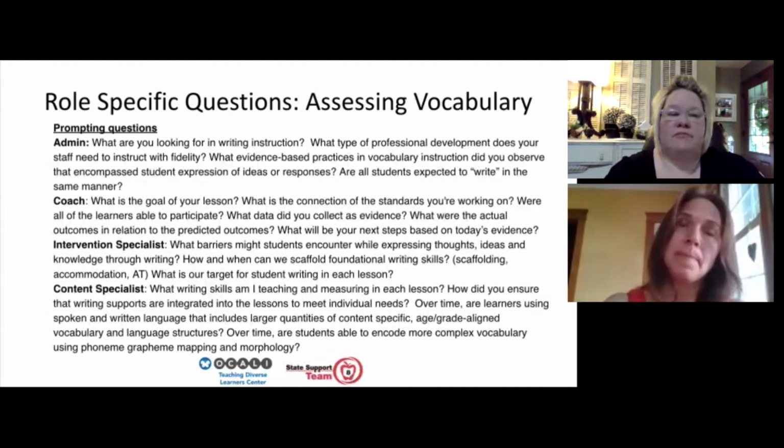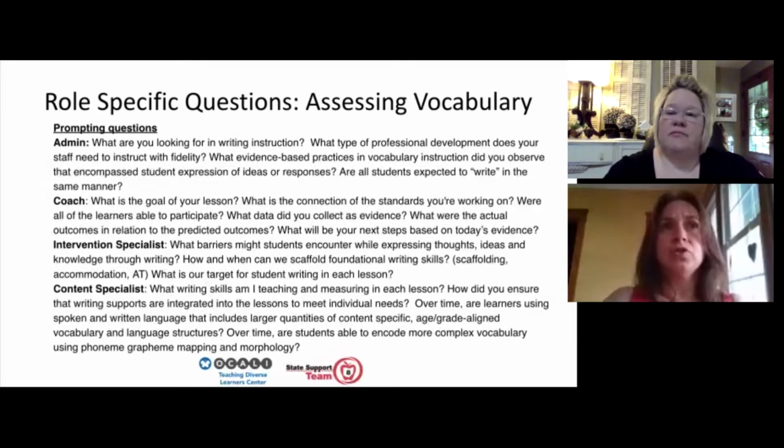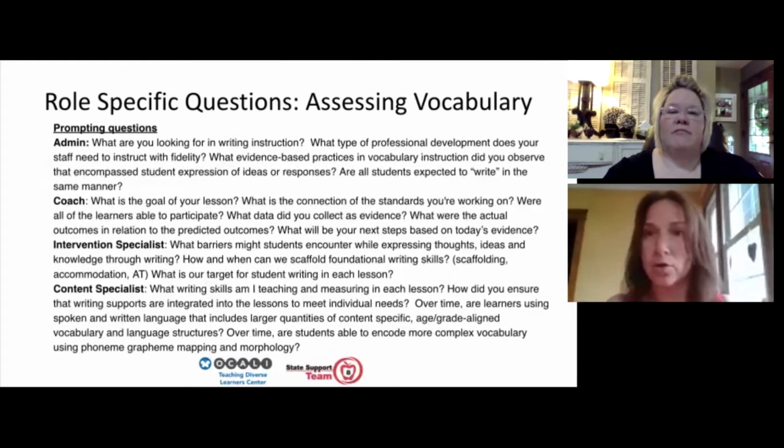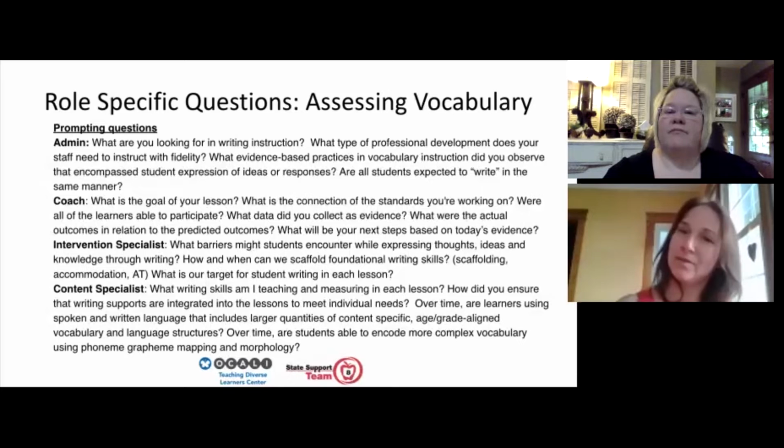So, when they're understanding word parts, are they able to then use that knowledge to be able to automatically read or write other unfamiliar words? So keeping that in mind is a good point of interest for you.